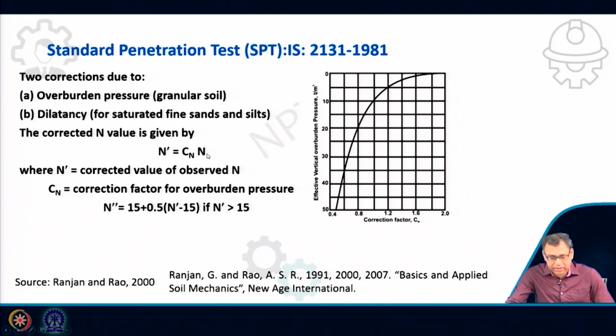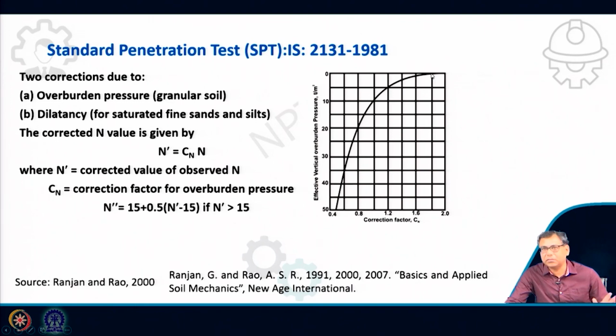So if it is greater than 100 kilonewton per meter square, or 10 ton per meter square, then you can see for 20 ton per meter square the correction factor is 0.8, so you have to reduce it. But if it is less than 100 kPa, then you have to increase the N value. You can see it can go up to around 1.7.